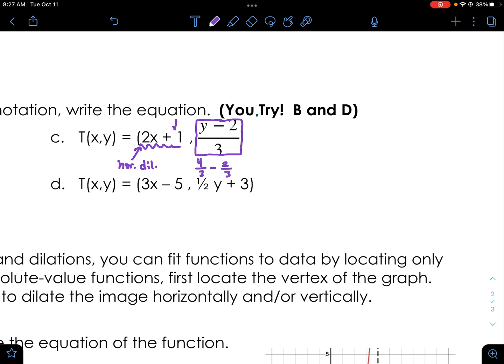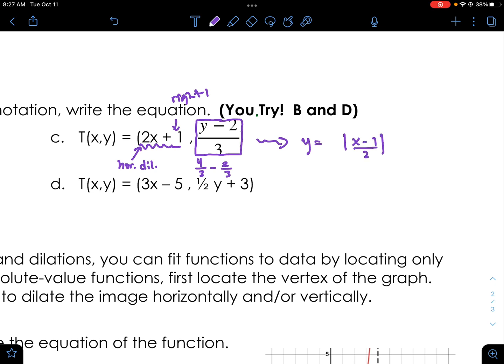I'm moving right 1 unit, okay? And so if we're going to write our equation, it'd be y equals, our absolute value of x would be x minus 1 divided by 2.